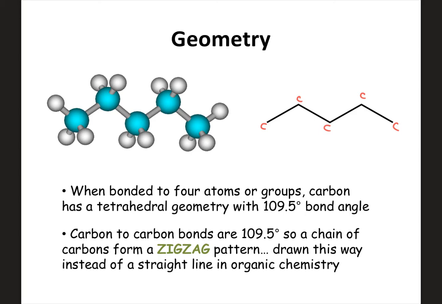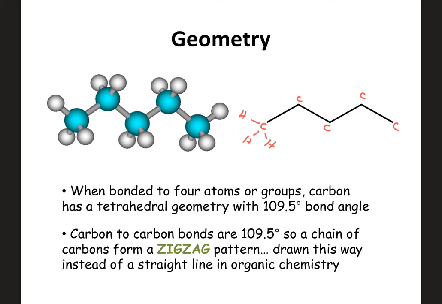But then realize the number of hydrogens that would have to be attached to each. They don't show the hydrogens in these kinds of organic drawings. So you just need to figure out, okay, how many hydrogens need to be there to make that carbon happy. So the end carbons would need 3 hydrogens on each, because if you imagine here, this carbon is attached to this carbon, so that's 1 bond, so it would need 3 more bonds.